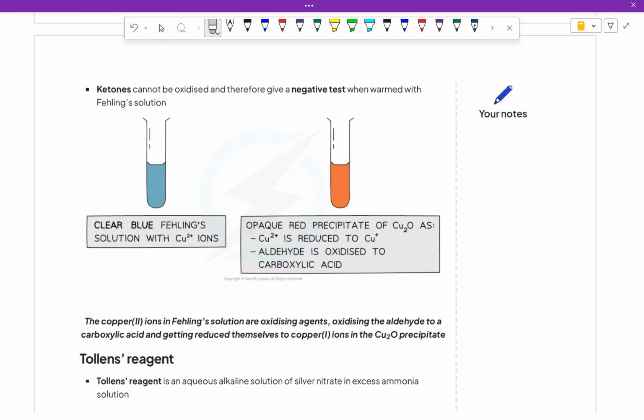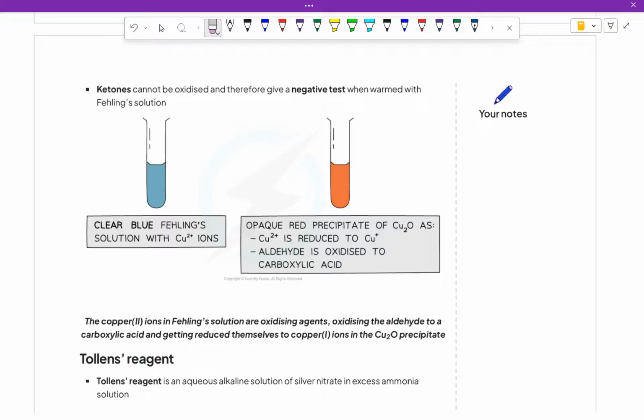Now, if it becomes red in color, what it means is that the copper here has been reduced from 2+ to 1+. That is the reason why there's a change of color, and that also represents the aldehyde being oxidized to carboxylic acid. Now, if I have ketones, they cannot be oxidized.